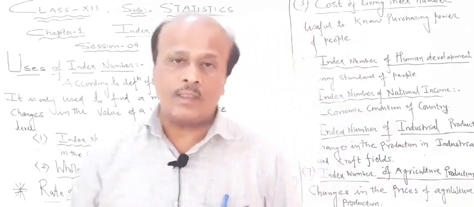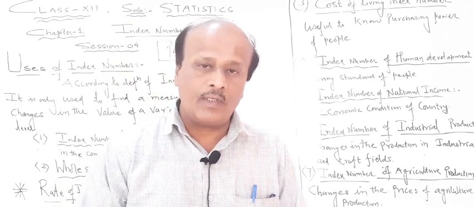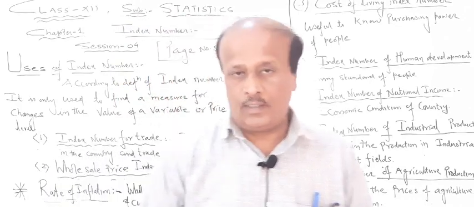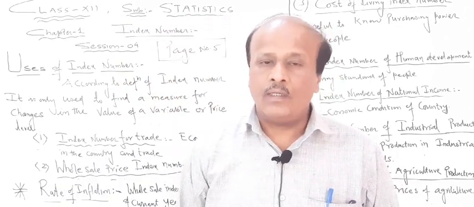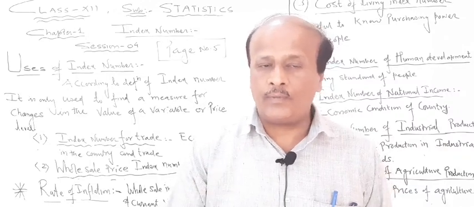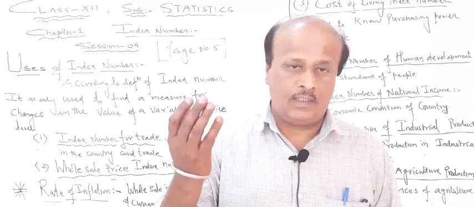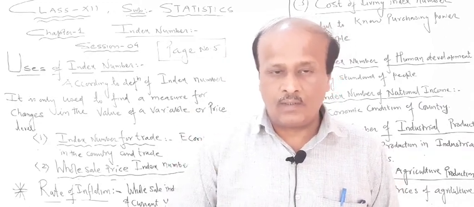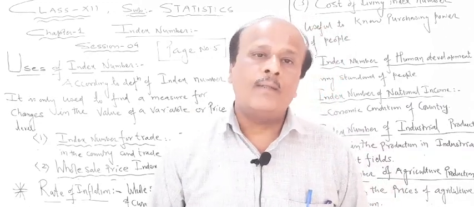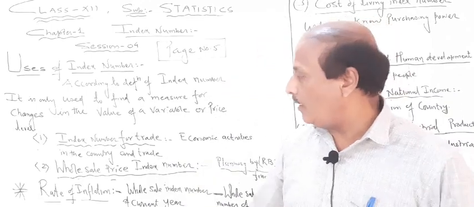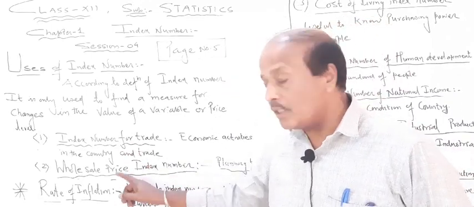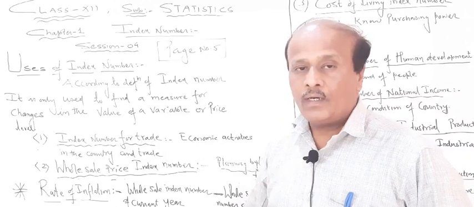Now the second one is the wholesale price index number. We are aware of the wholesale price index number. Every month we get one number from the government side, the inflation number, whether prices are rising or decreasing, what the situation of the market is. That is actually calculated by this wholesale price index number.